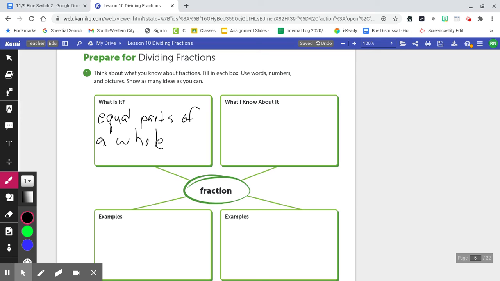So a fraction can represent the division of two numbers. The numerator is how many parts. The denominator is the parts of the whole. And the fraction is the same as division.